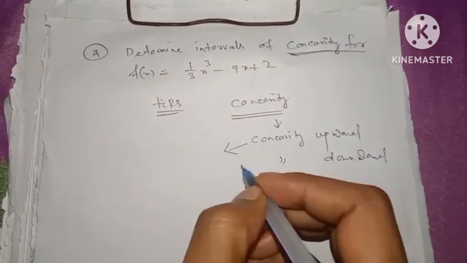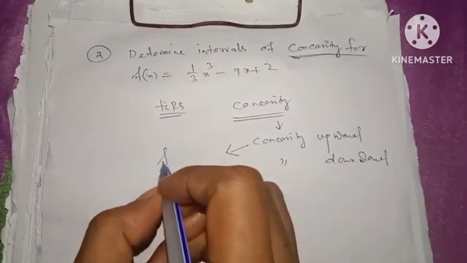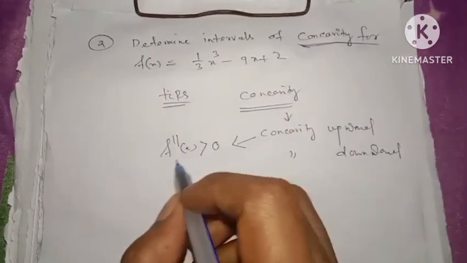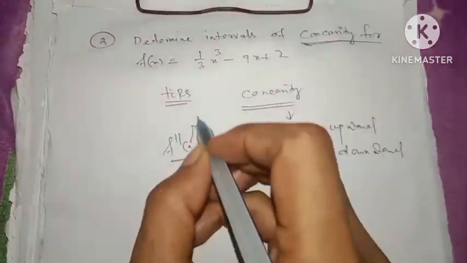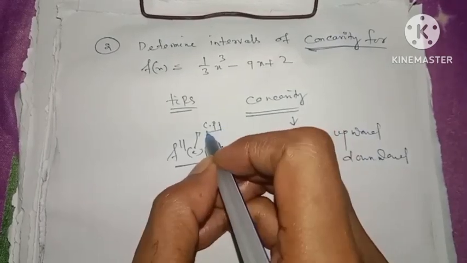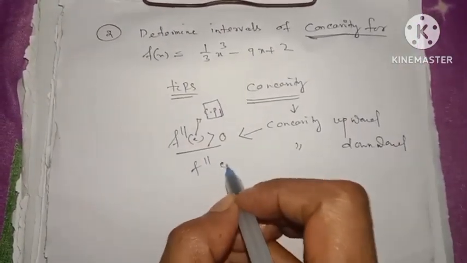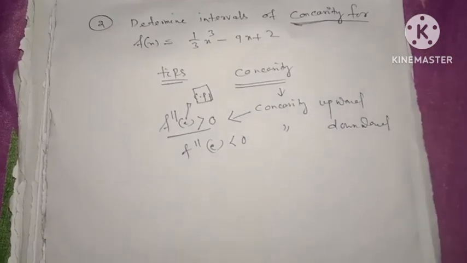A function is said to be concave upward when f double dash c is greater than 0. This is the upward. C is the critical point, CP. And downward becomes f double dash c less than 0.